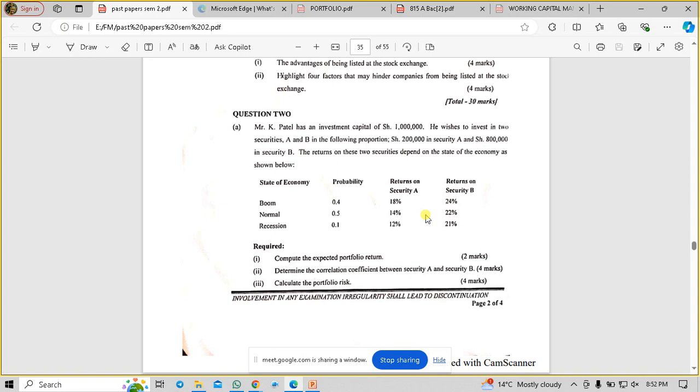So let me share what I have so far, so that you go to the next part. But you can proceed with standard deviation.